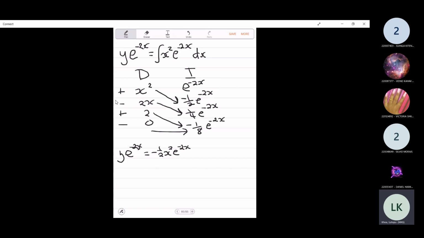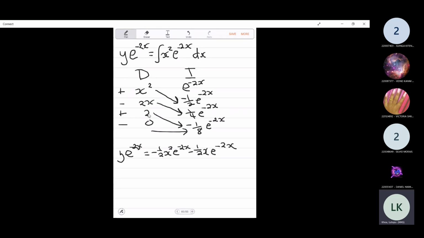And the next one is negative 2x times 1 over 4 e to the power of minus 2x. So that is negative a half x e to the power of minus 2x.